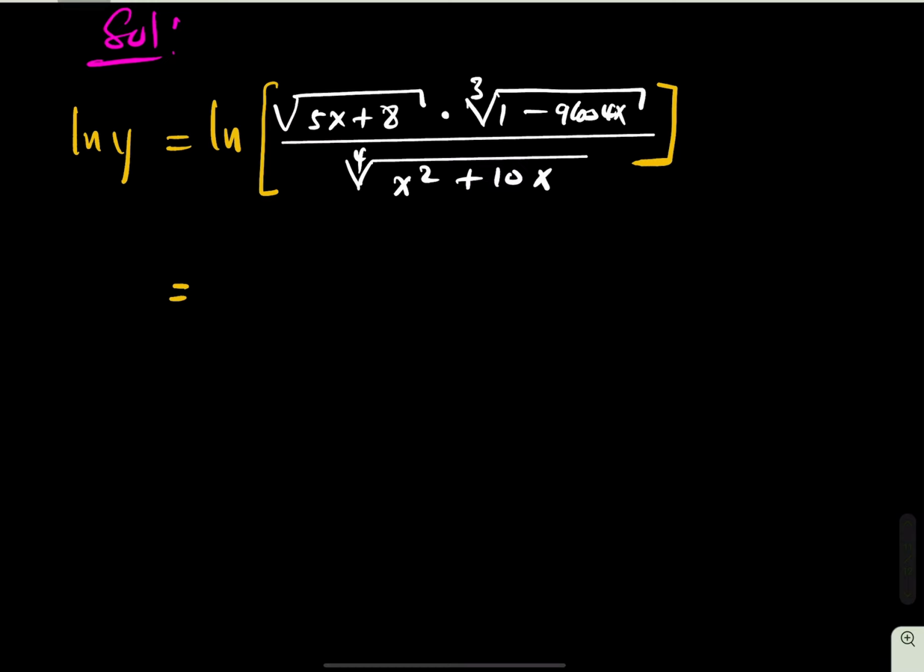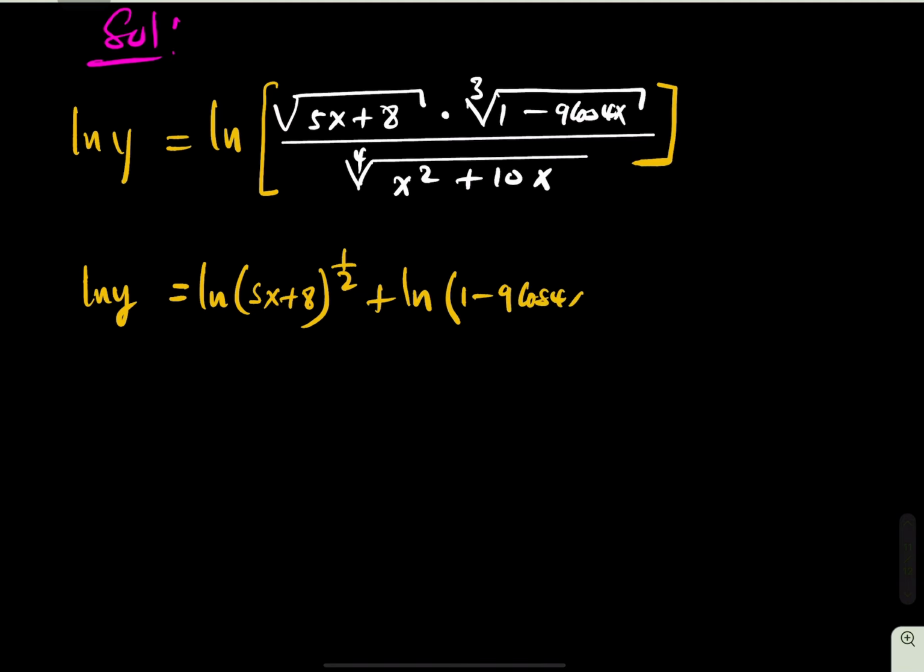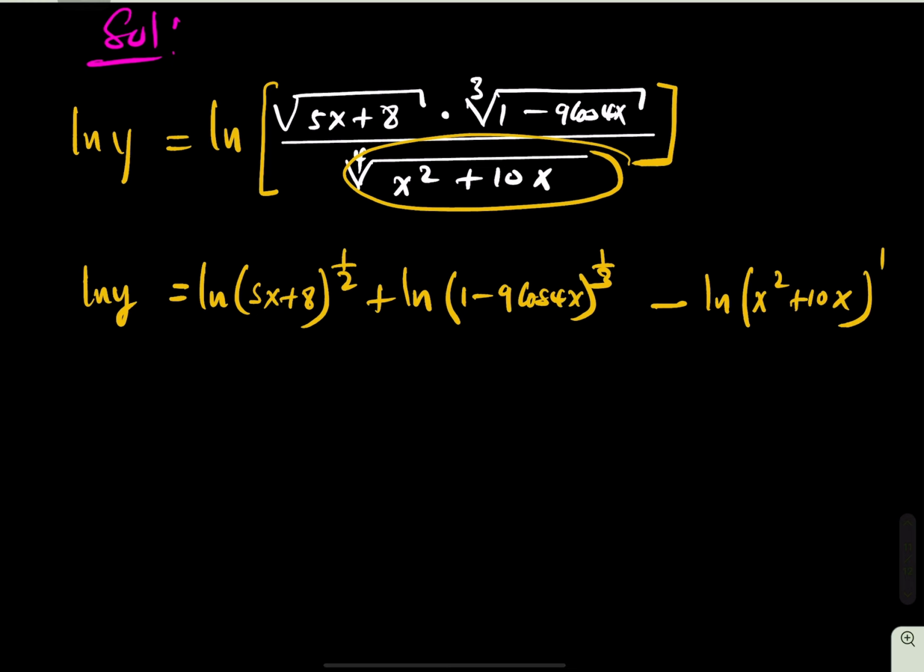So this will boil down to the natural log of this factor here, that is 5x plus 8 to the power 1 over 2, plus the natural log of 1 minus 9 cos of 4x to the power 1 over 3, the cube root of that, and then a minus, now the one for the denominator, the natural log of x squared plus 10x to the power 1 over 4.